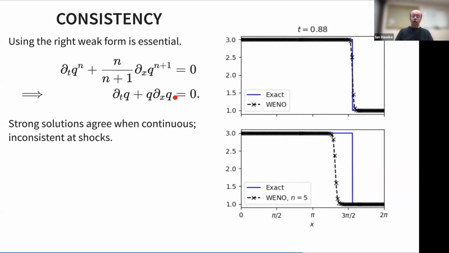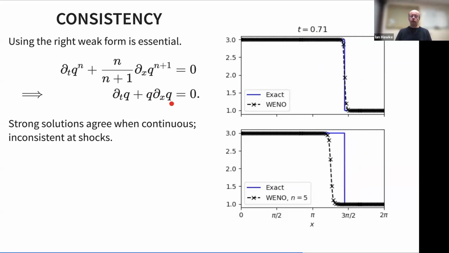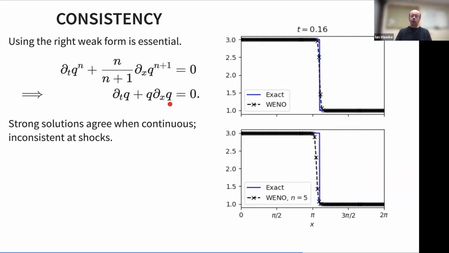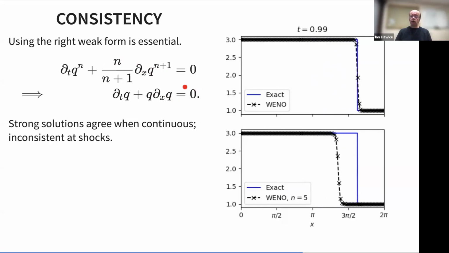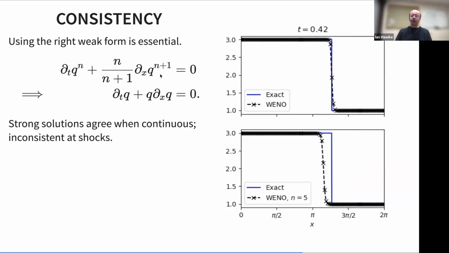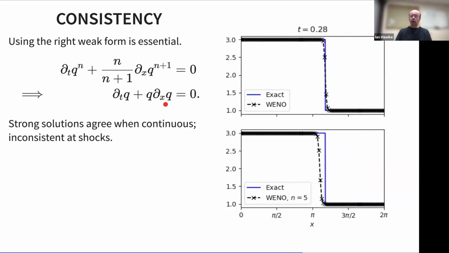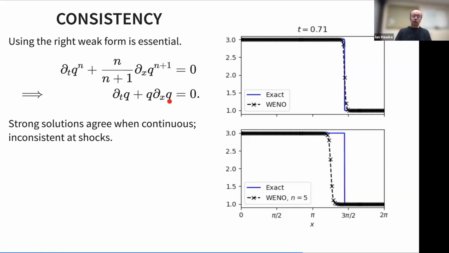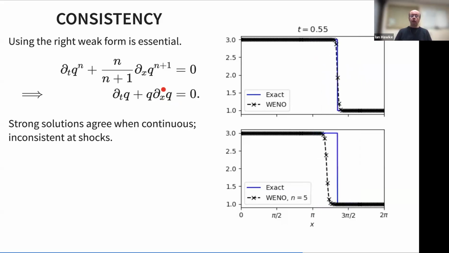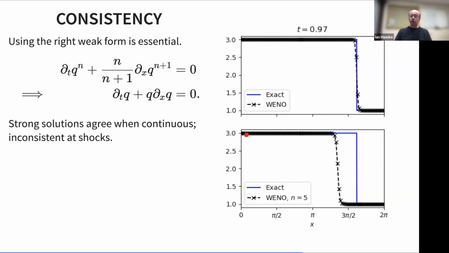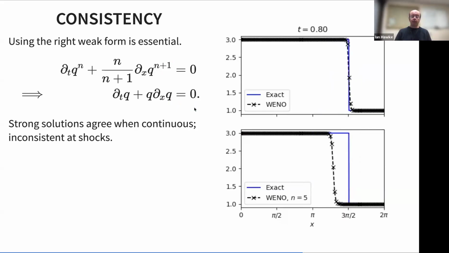And when the solutions are continuous, when the data is continuous, the solutions will be identical. When you have shock solutions, the shock speed explicitly depends on n, as we see on the movies on the right-hand side. So finding the correct conservation law form is one of the ways of guaranteeing that you get a unique solution. If you don't have the correct conservation law form and you just use any old numerical method, then essentially the value of n, and hence the shock speed that you have here, will be set by the numerical method, not by the physics.